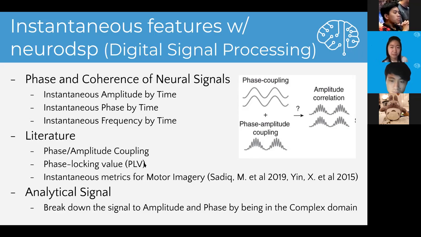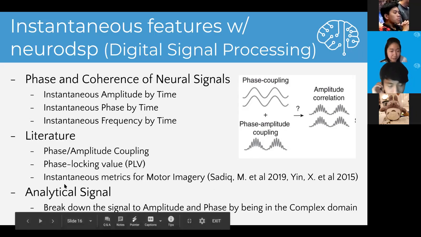If you're interested in his explanation, it's really good, about 30 minutes long. Then there are also instantaneous metrics for motor imagery in literature. Some people have tried to use instantaneous frequency, amplitude, and phase to improve their models as well. The literature is also in the notes section.